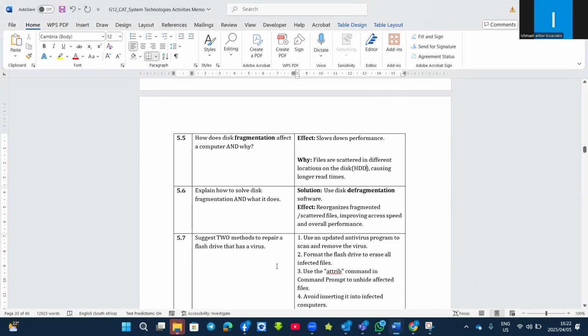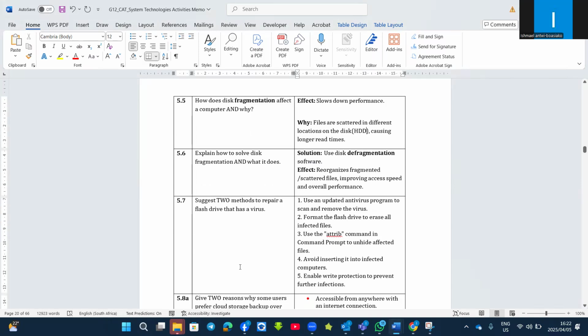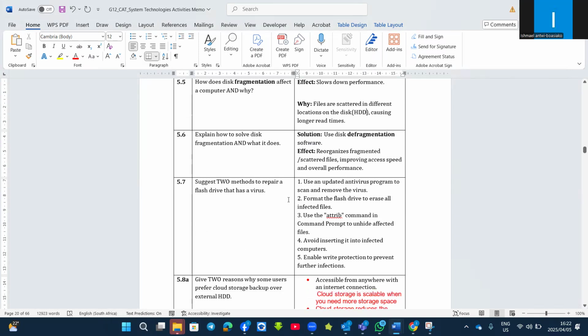Right. Now, the next question says, suggest 2 methods to repair a flash drive that has a virus. If a flash drive has a virus, how do you solve it? You must use updated antivirus software, or you can format the flash drive to erase the affected files, or you can also use the command called attrib in the command prompt to unhide.